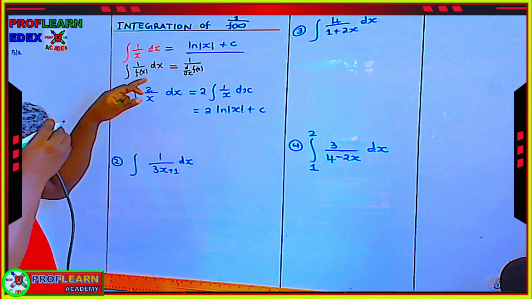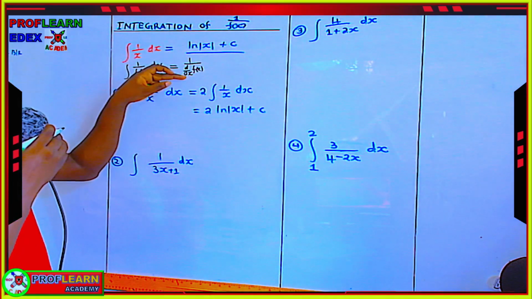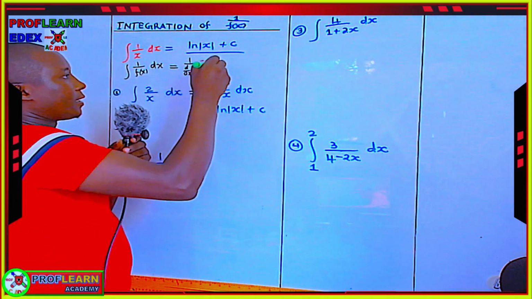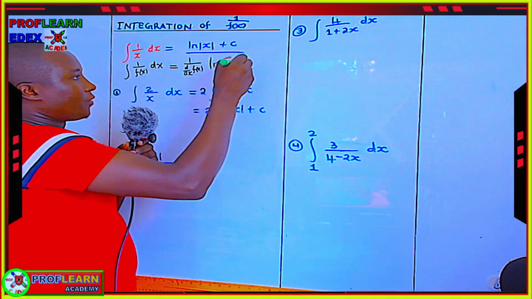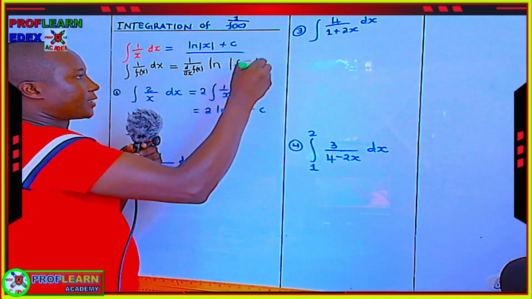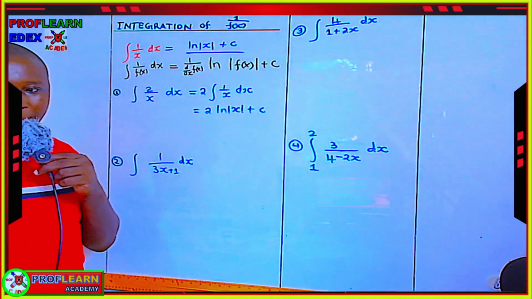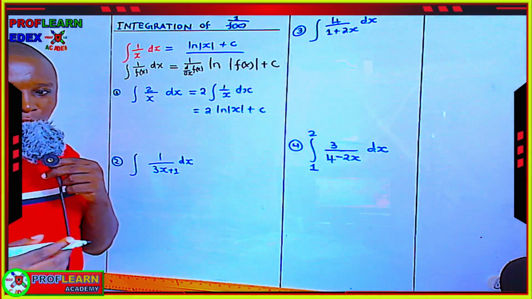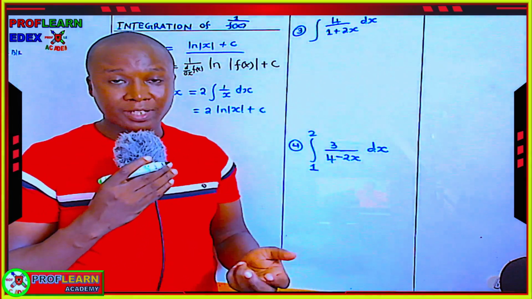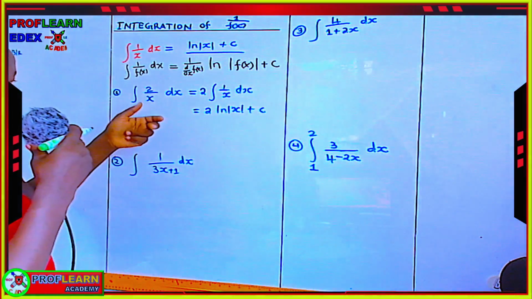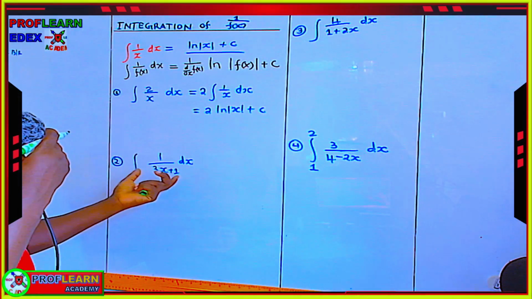So you differentiate it, but you take 1 over that, and then you say ln of the absolute value of f of x, plus c, like that. So I'm going to show you how to use this relation to perform integration of this one.